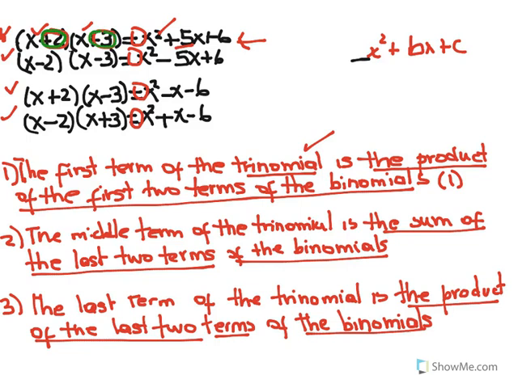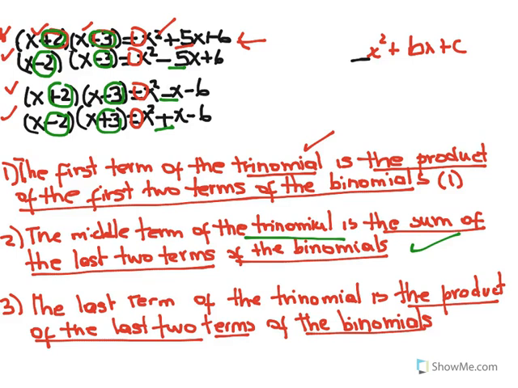Let's see what happens if I add negative 2 and negative 3, I get a negative 5. Positive 2 and negative 3, I get a negative 1. Negative 2 and positive 3, I get a positive 1. Okay, so the middle term of the trinomial is the sum of the last two terms of the binomials.